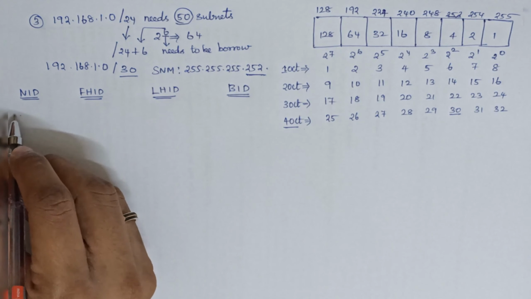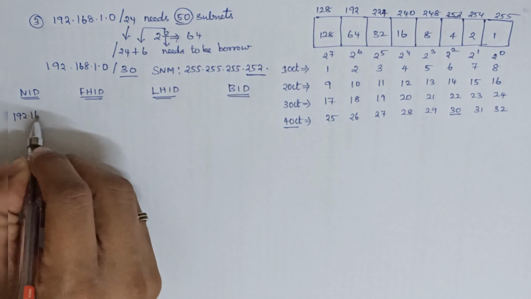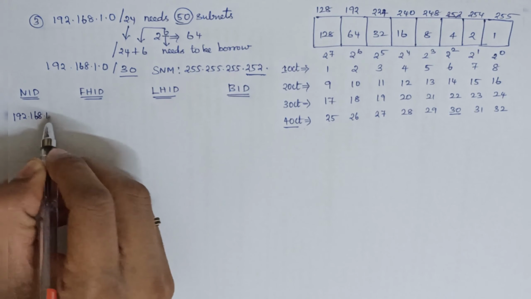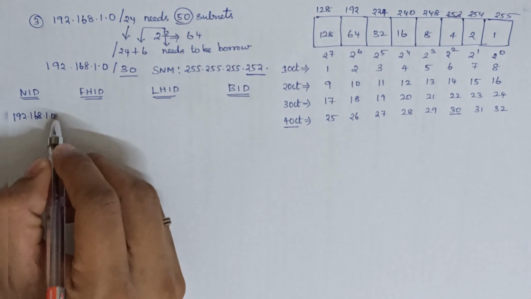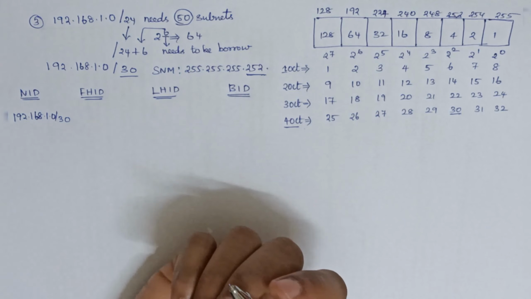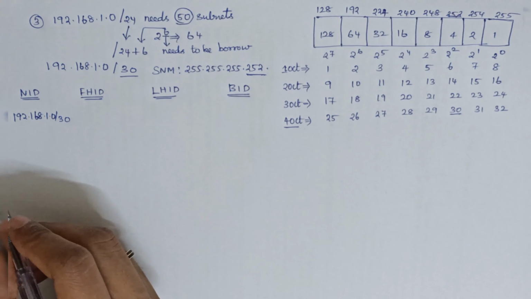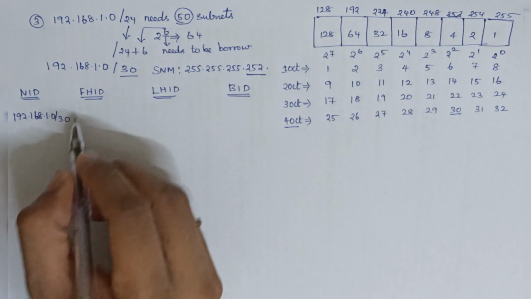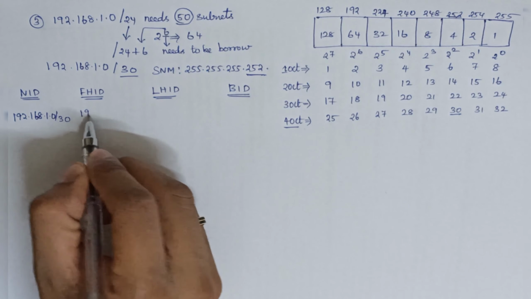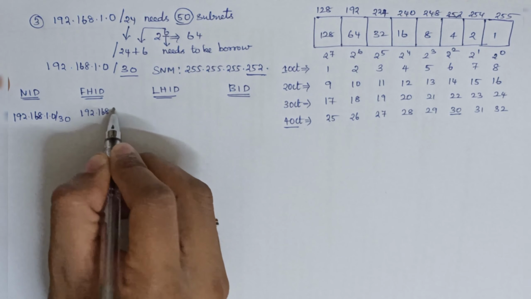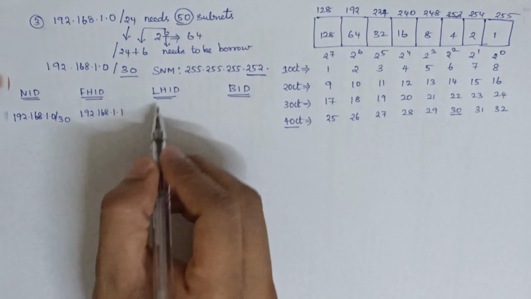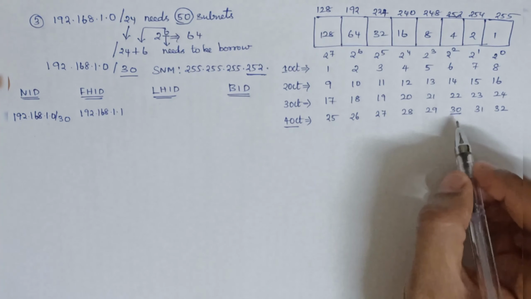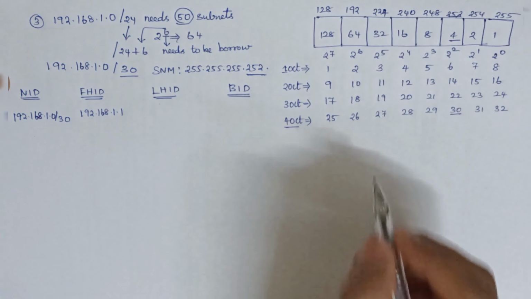So the network starts with 192.168.1.0/30. The first host obviously is going to be 1.1. We know that. So 192.168.1.1. For computing the last host, we need the next network. Look at the chart, 30. Inside the table, we have 4 in the 4th octet.